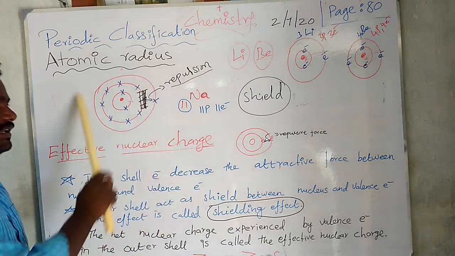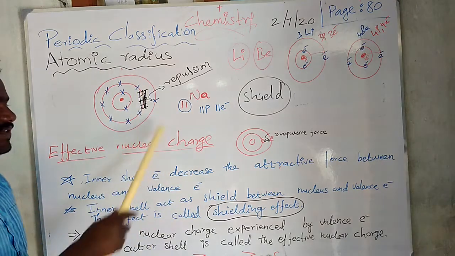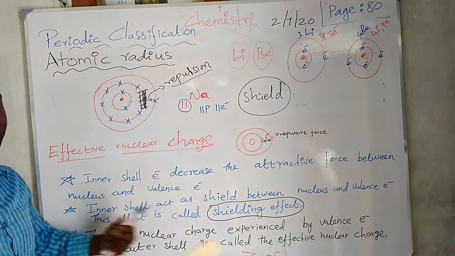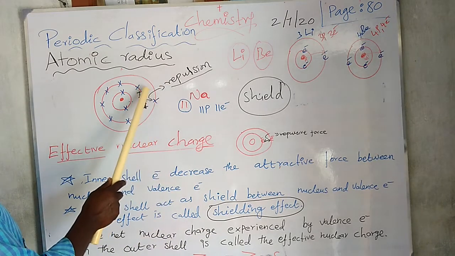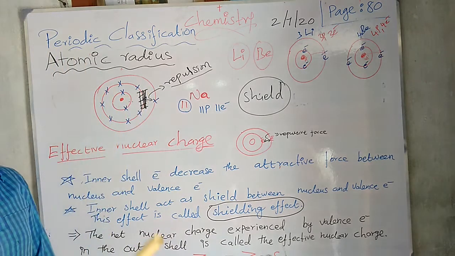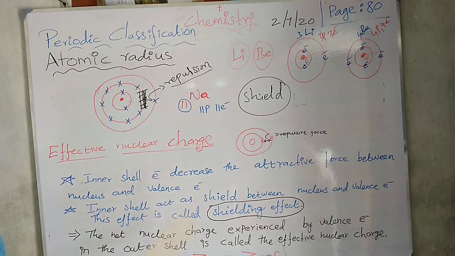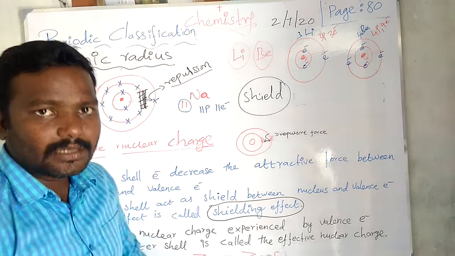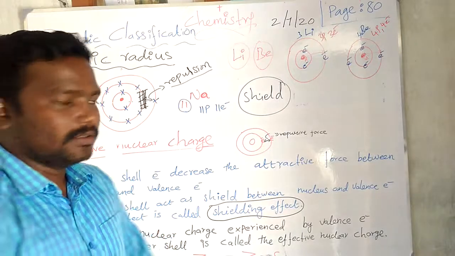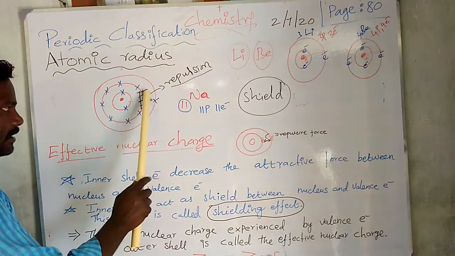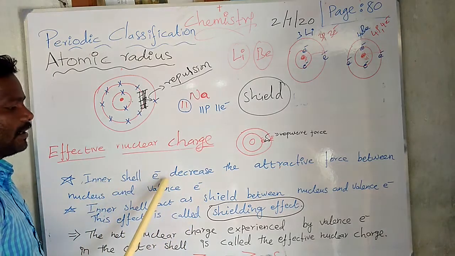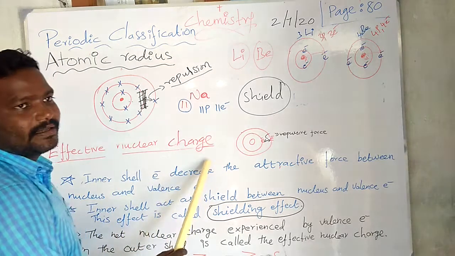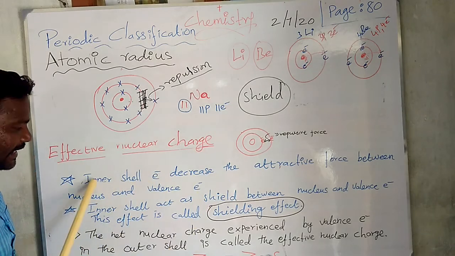The last cell is called the outer cell, whose electrons are called outer cell electrons. Apart from the outer cell, all the cells present inside are called inner cells. Inner cells are also filled with electrons. Those electrons are called inner cell electrons. That inner cell electrons decrease. Which one decreases? That inner cell electron.